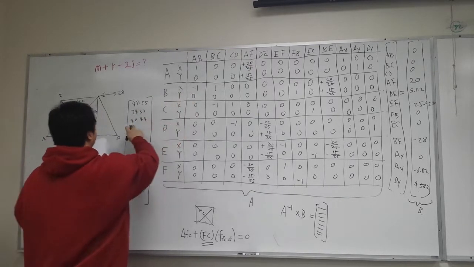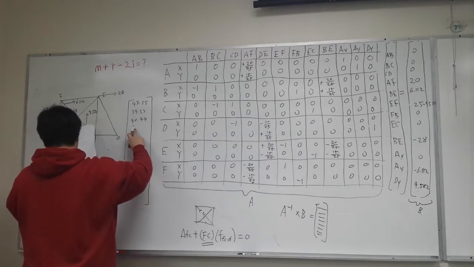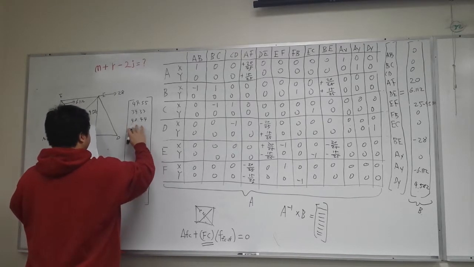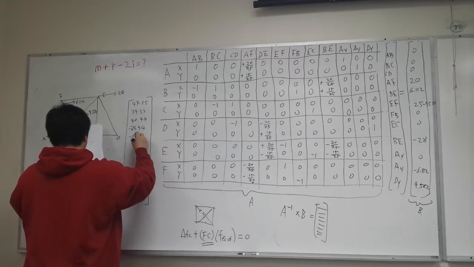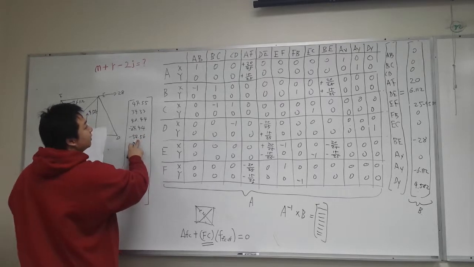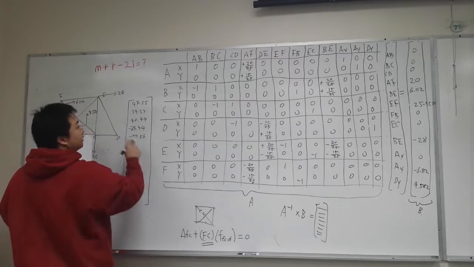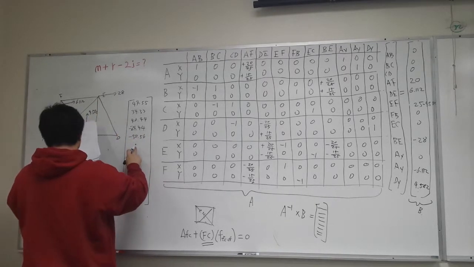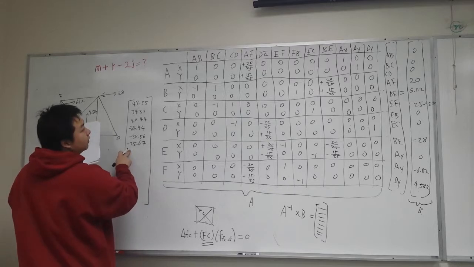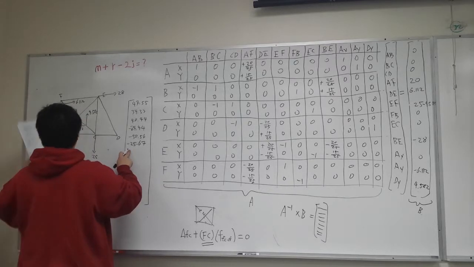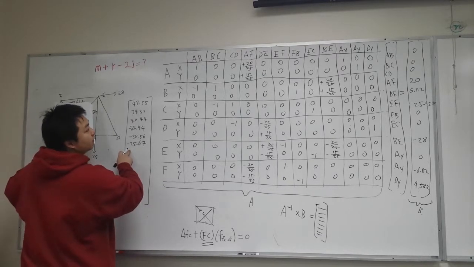BC, AF, you're going to have negative 24.44, negative 50.56, DE. EF, you're going to have negative 25.67, FB and EC.